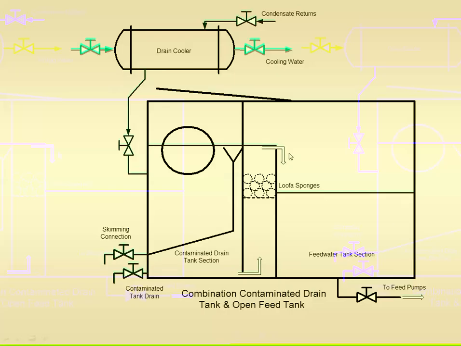One thing I want to bring up is that on motor vessels, your feed tank is a combination feed tank, contaminated drain tank. Most ships have a lot of contaminated services coming back. Any of that could be contaminated with lube oil or fuels from heating of the lube oil and heating of the fuels.